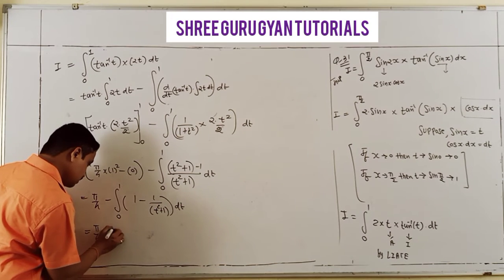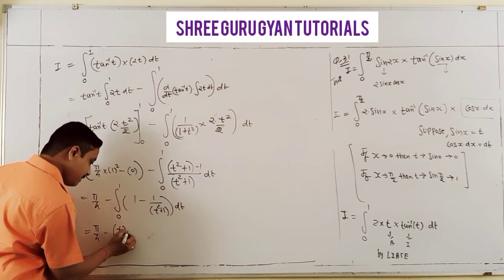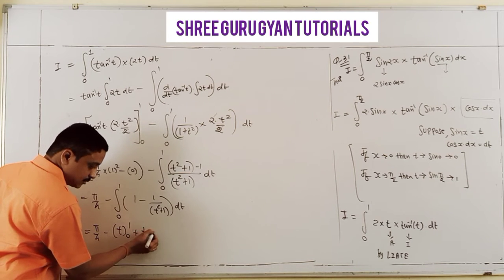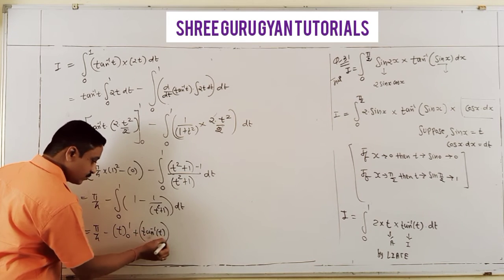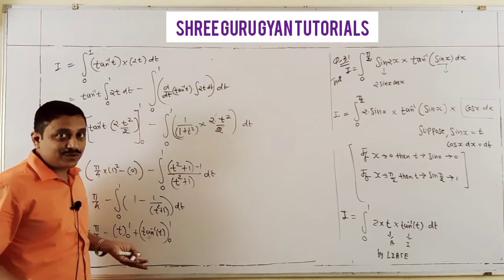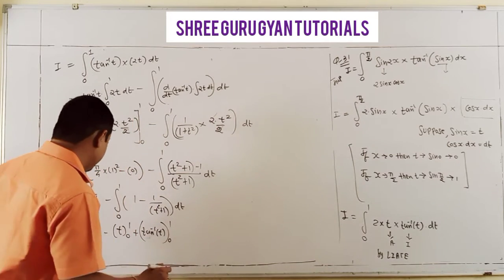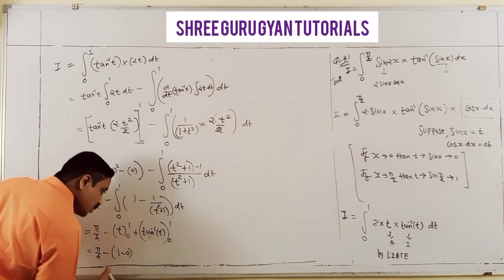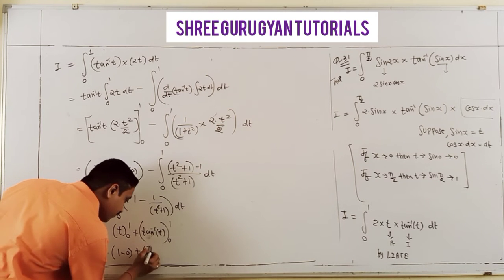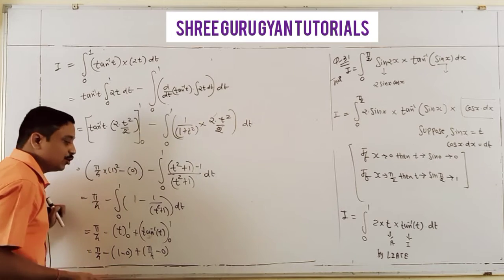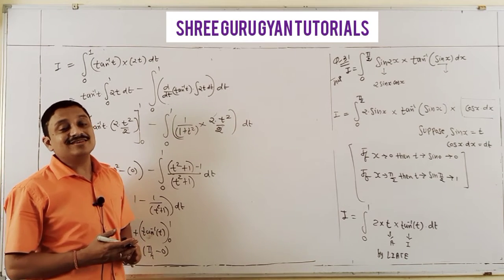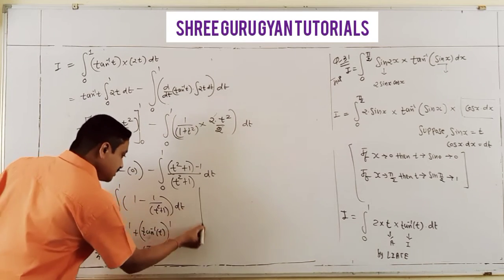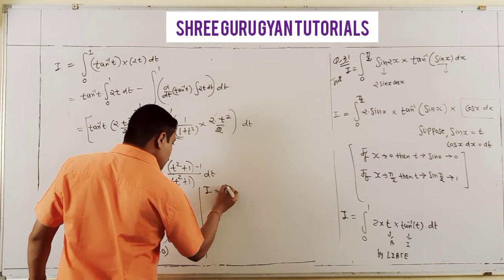So my answer is, students, here integration t plus tan inverse t, 0 to 1. And now start your integrations. Pi by 4 same, 1 minus 0, and here pi by 4 minus 0, because tan 1 is 45 degree.